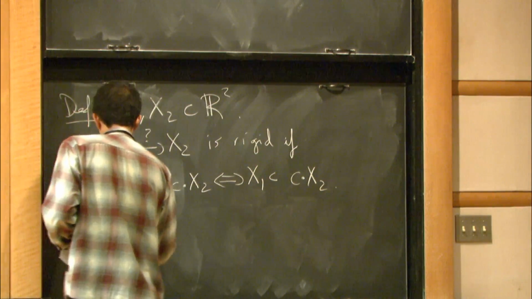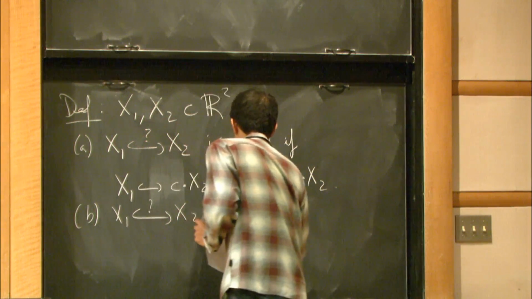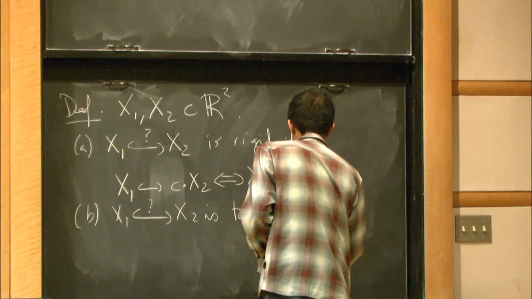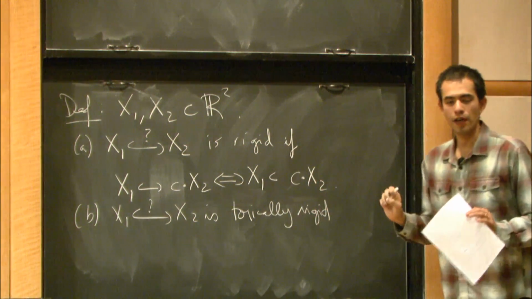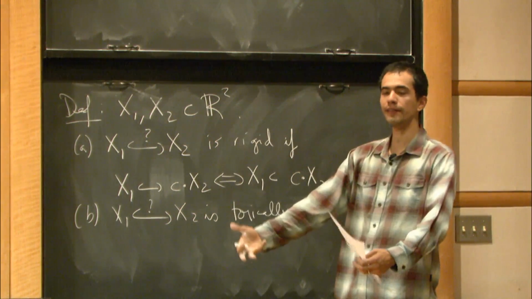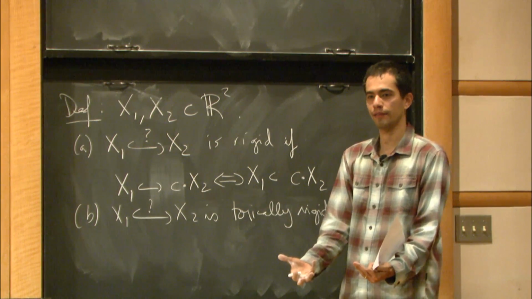And I'm going to say that it is historically rigid if we can find that these guys are symplectomorphic to toric domains, and then the symplectic embeddings of the toric domains are rigid.